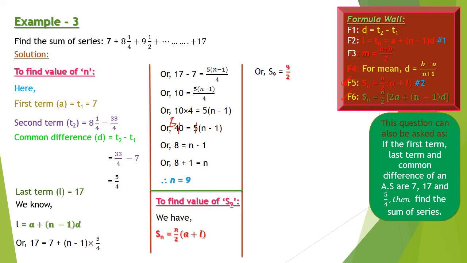S9 equals 9 by 2 into (7 plus 17), that is 9 by 2 into 24. Now we can cancel 2: 2 ones are 2, 2 twelves are 24. So 12 into 9 must be 108. Hence the required sum of the given series is 108. Okay, this is the answer.